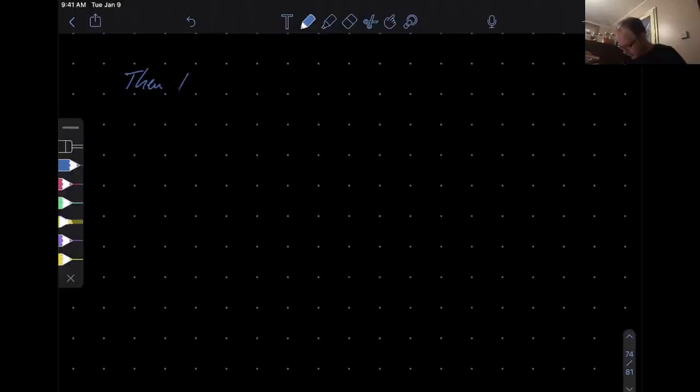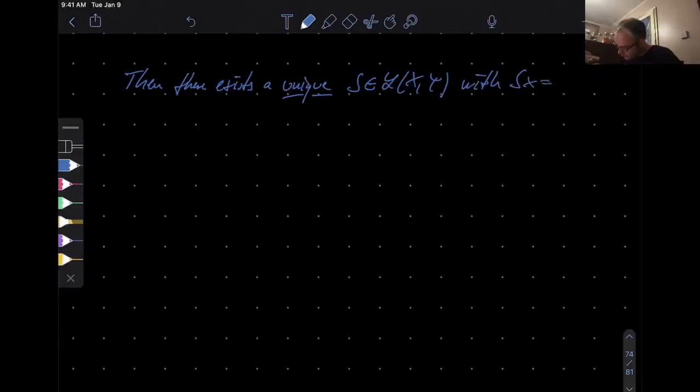Then there exists a unique S that is defined now on the whole of X mapping to Y, and that S is really a continuation in the following sense: if you restrict the values of x again to that dense subspace X naught, then S just reproduces the T that you started with.